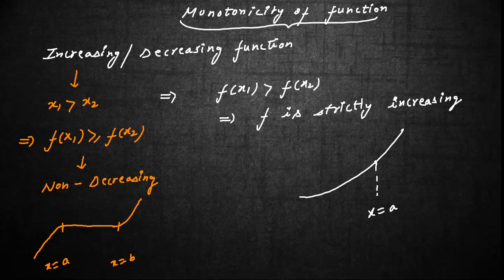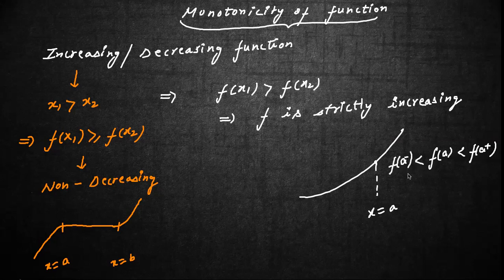One observation that we can draw from here is that if you have x equals a, and you take any point in the neighborhood, for example here, and you move from a to a plus and from a to a minus, then clearly, if the function is strictly increasing, f of a will be less than f of a plus, but it will be greater than f of a minus.